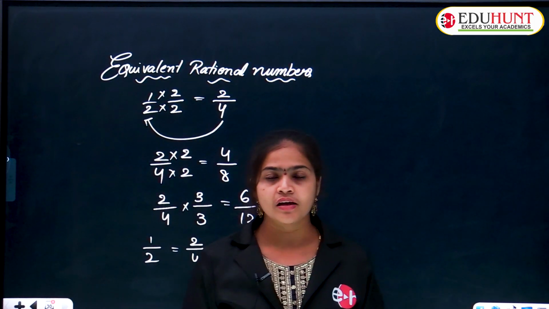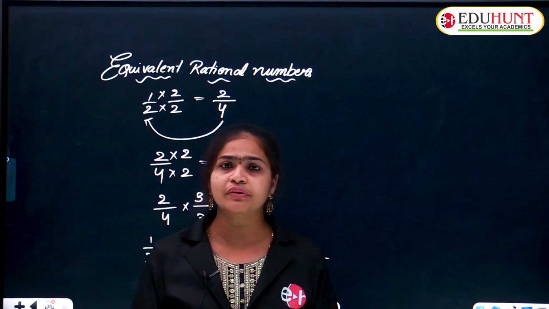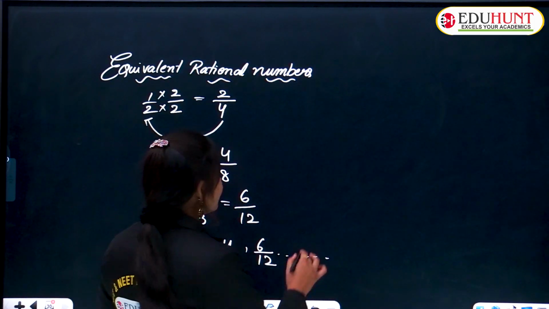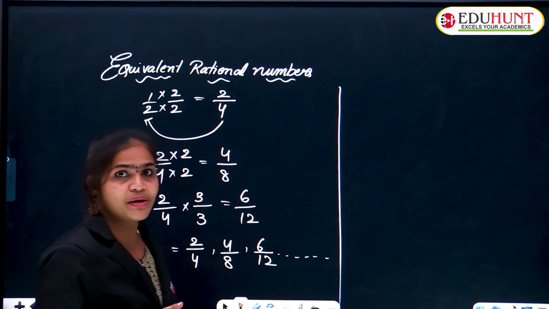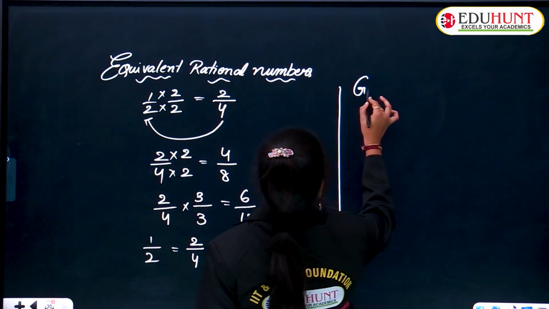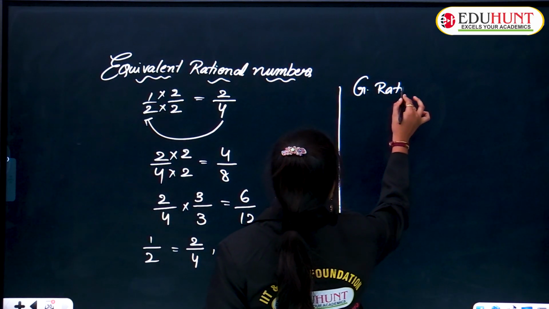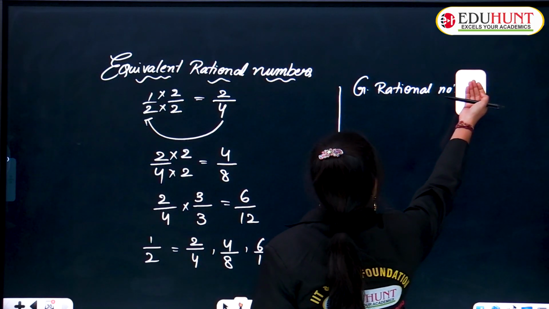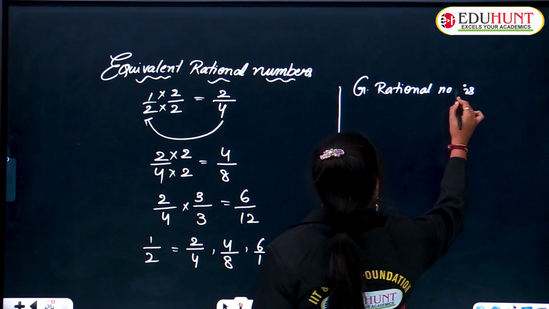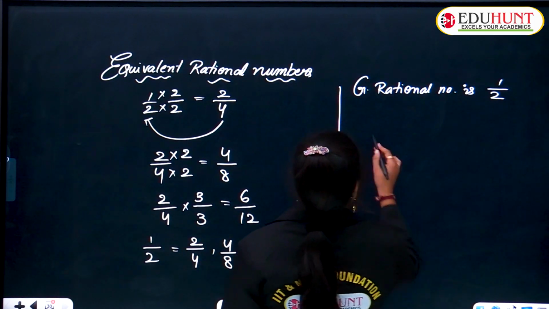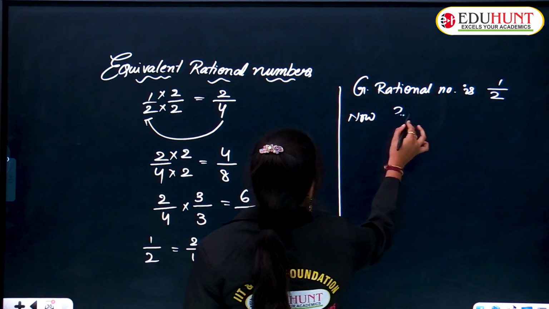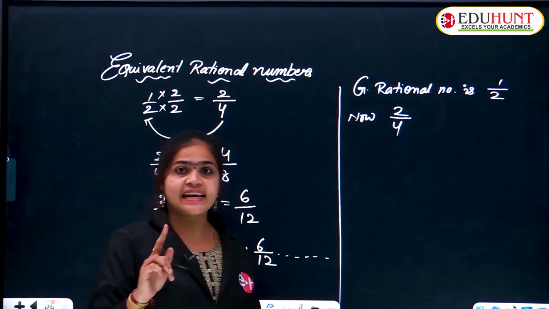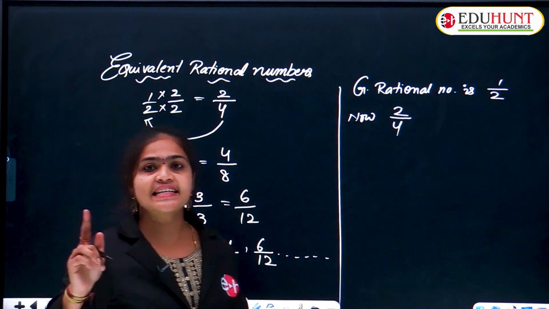How can we say these all are equivalent rational numbers? I'll tell you. The given rational number is 1 by 2. Now 2 by 4 is a rational number, but it is not in its simplest form.